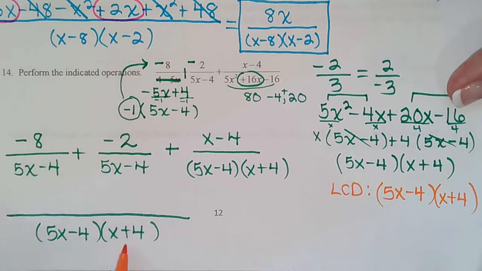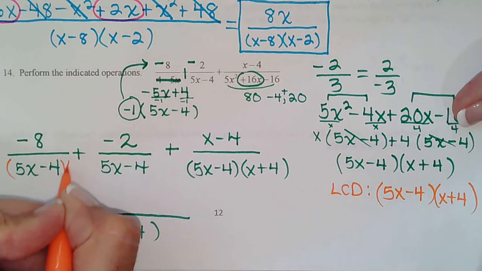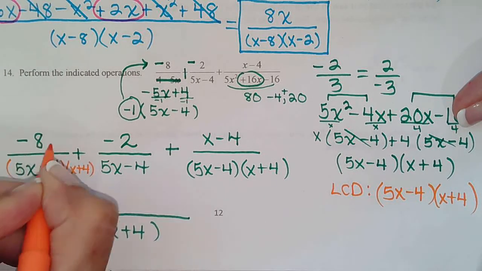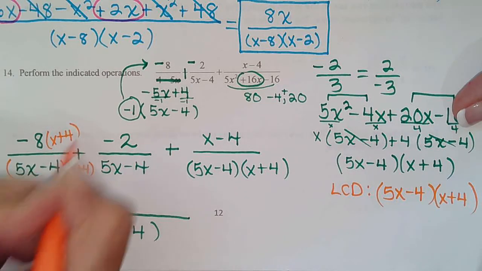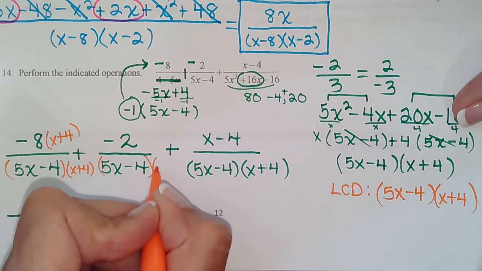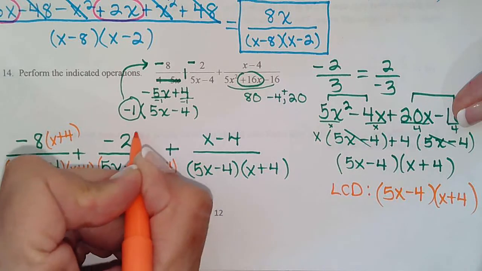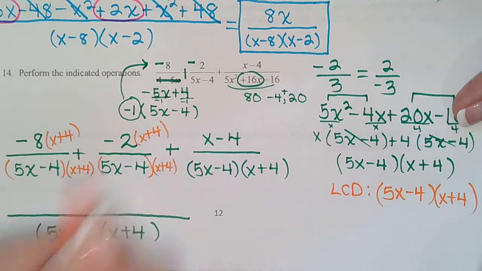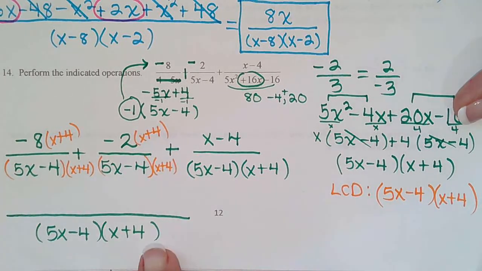So we have, this is missing x plus 4. This is missing x plus 4. This is missing x plus 4. So then we also have to do it up here. This one already has a common denominator, so it's good to go.